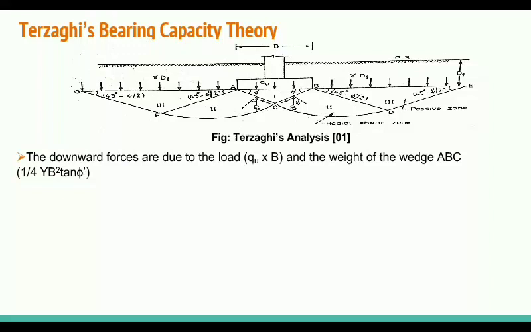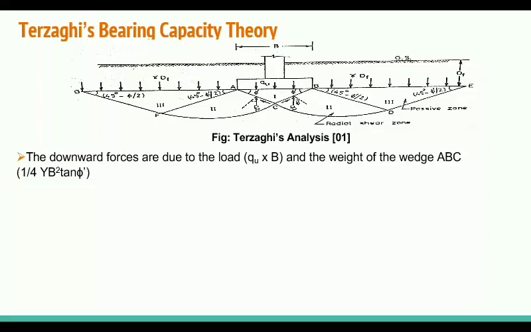This force is due to the load, and the second is the weight of the wedge ABC, or the weight of zone 1. So downward forces come on the sloping edges AC and BC due to two forces.